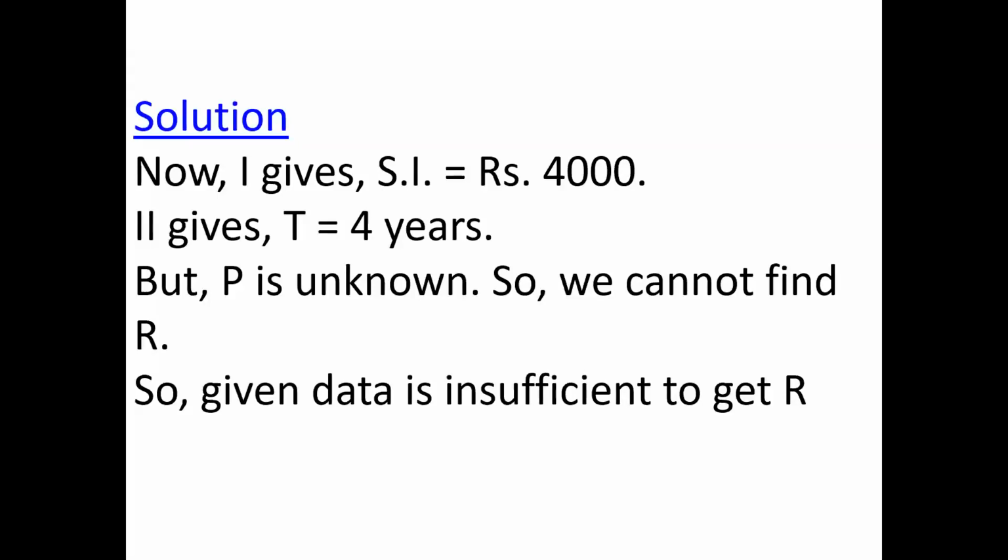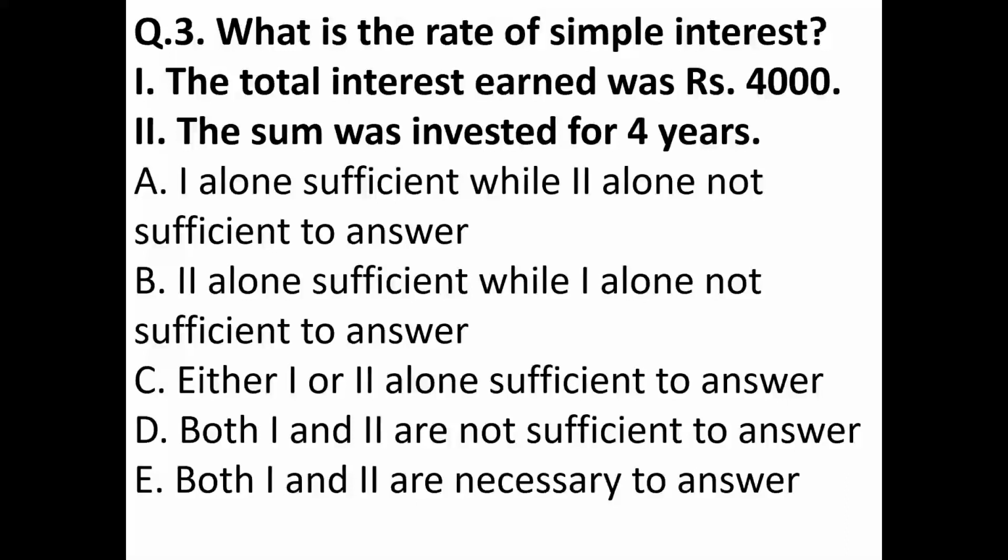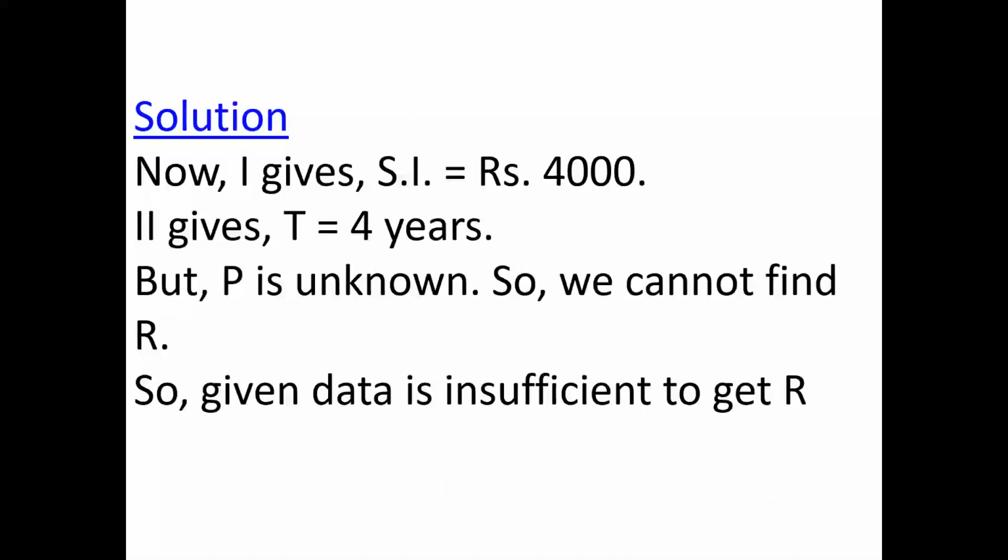So the given data is insufficient to get R. Based on this data we can't find the R value. Okay, so that is answer E. Both 1 and 2 are not sufficient to get the value.